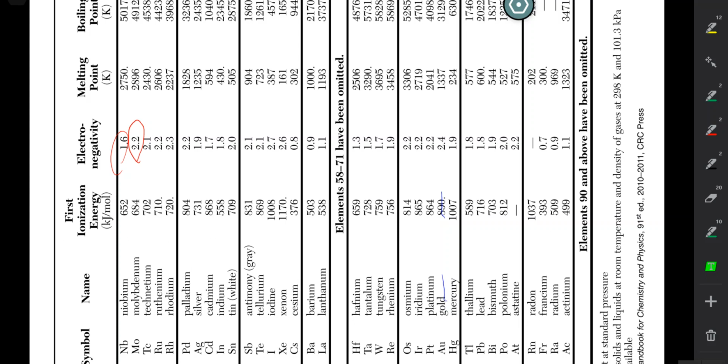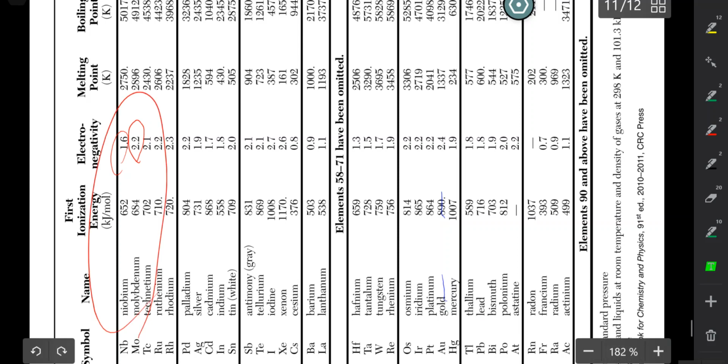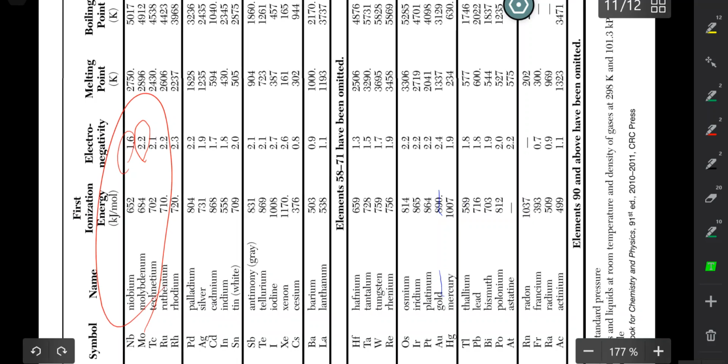However, you've got to look at their position on the periodic table. If they were on the left side of the periodic table, obviously they're metals, but one is more metallic than the other. And if they were on the right side, obviously they're non-metals, and one would be more non-metallic than the other.